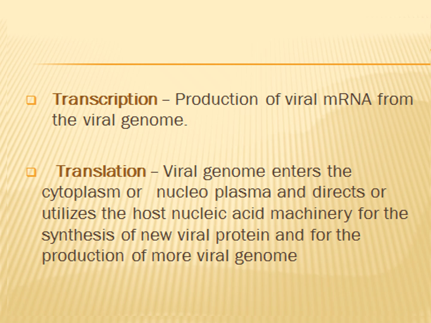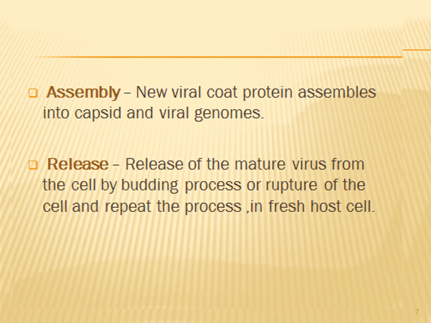This is often the stage at which the cell is irreversibly modified and eventually killed. Next is the assembly of the viral particle, where new viral core protein assembles into capsid and viral genomes. And the last step is the release of the mature virus from the cells by a budding process or rupture of the cell, and repeat of the process in a fresh host cell.